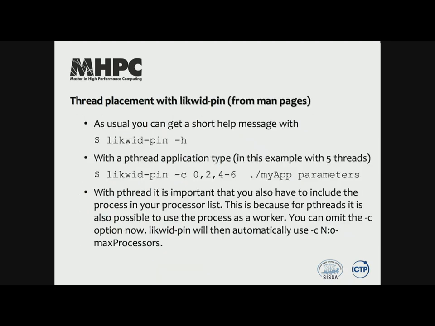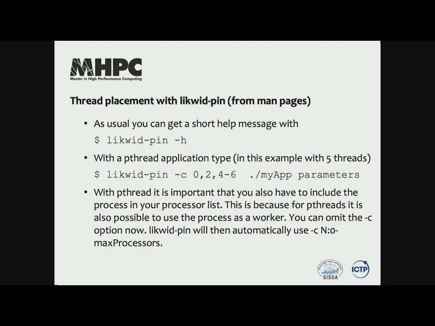Thread placement with likwid-pin. This is taken from the man page. You can see a little bit of information with likwid-pin -h, and then this is a typical way to do it: likwid-pin -c 0,2,4,6. So you have 5 threads here.